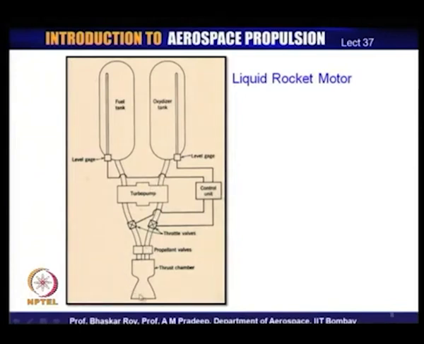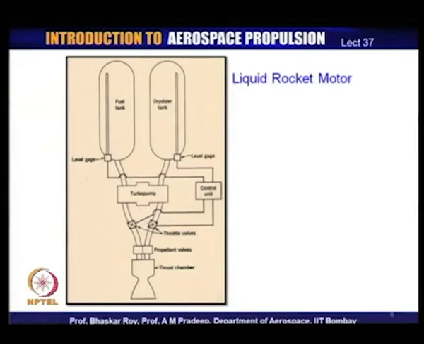Now, this is your rocket engine and you have the nozzle here. It comes through the throttle valves and then is pumped into the combustion zone over here, which is the combustion chamber. The fuel and the oxidizer are pumped in separately. They do not mix together as is done, let us say, in a normal IC engine in a carburetor.